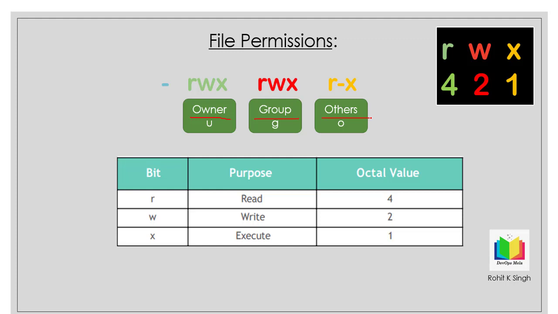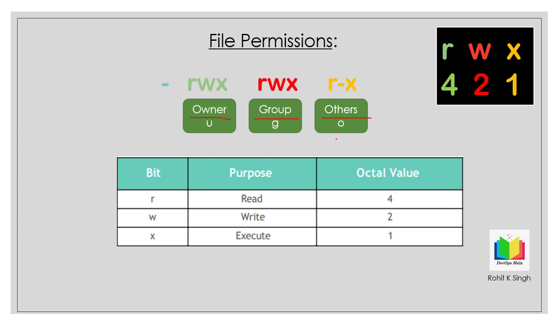Owner is the person who has created the group, or created the file. Group permission, so the permission is given to the complete group. So development is a group, just as an example, and the permission is given to the group. Others are those to whom you want to give access, a third party. So that comes in the others category.